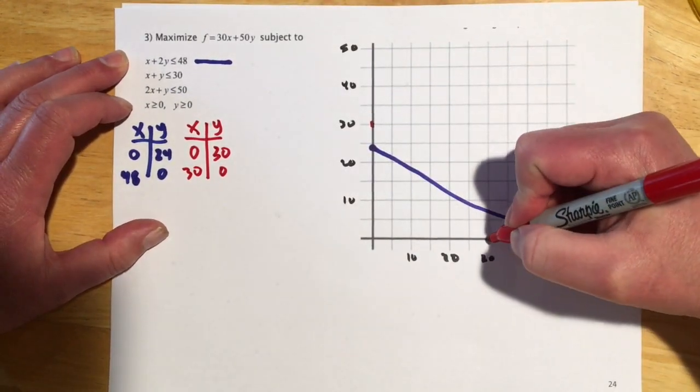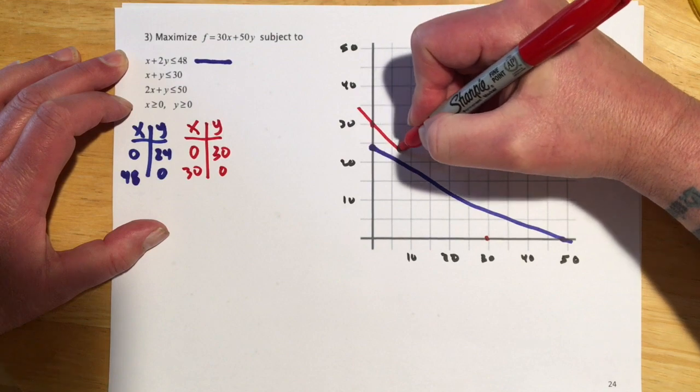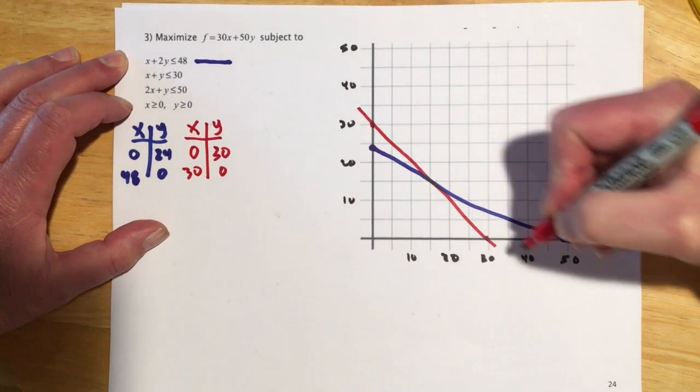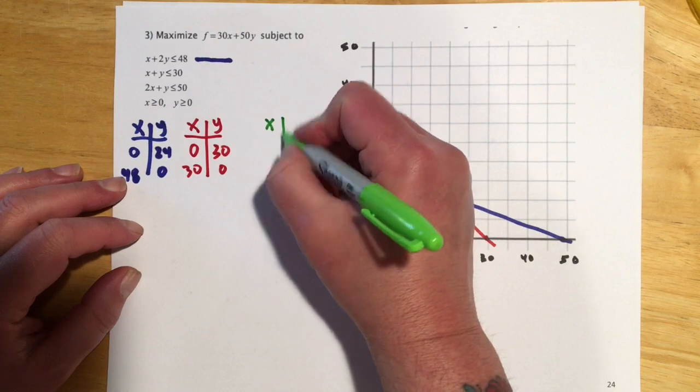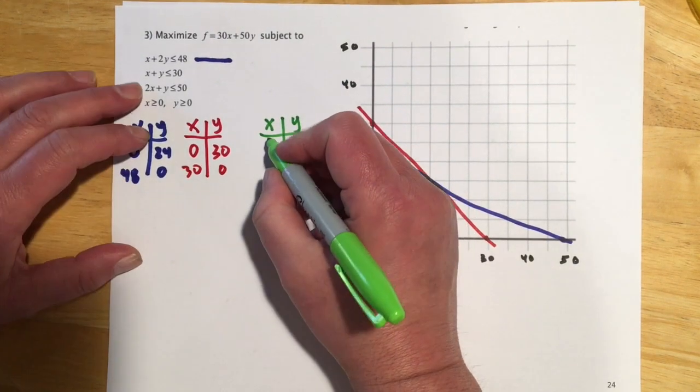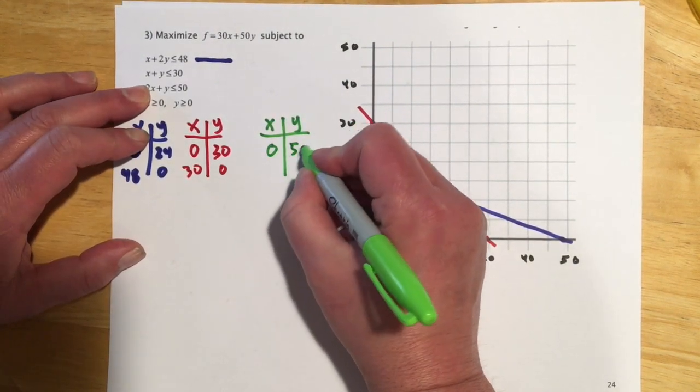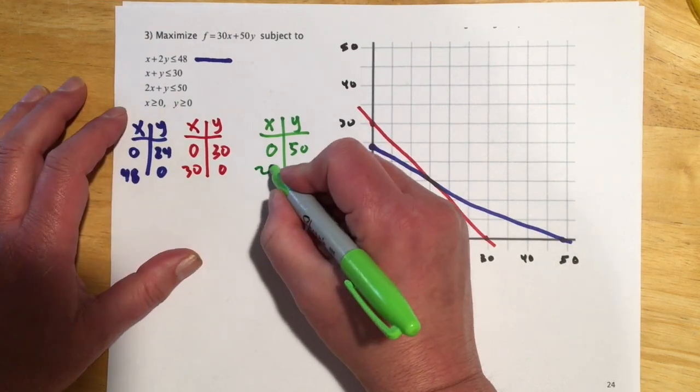So that one's pretty easy. And then for the last one, x plus y, when x is 0, y would be 50, and when y is 0, x would be 25.